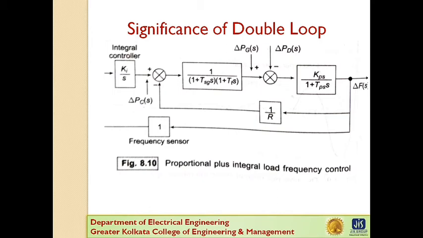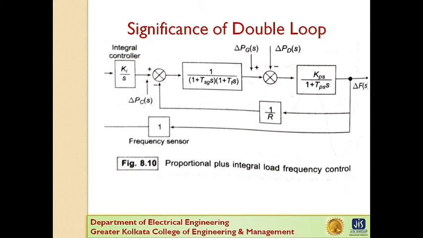It leads to the natural suggestion that the speed changer setting be adjusted automatically by monitoring the frequency. For this purpose, a signal from delta F is fed through an integrator to the speed changer, resulting in the block diagram. Now you can see in this picture the integral controller added to the block diagram of the complete system.